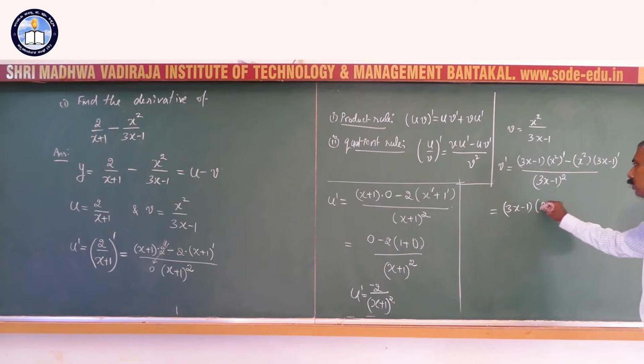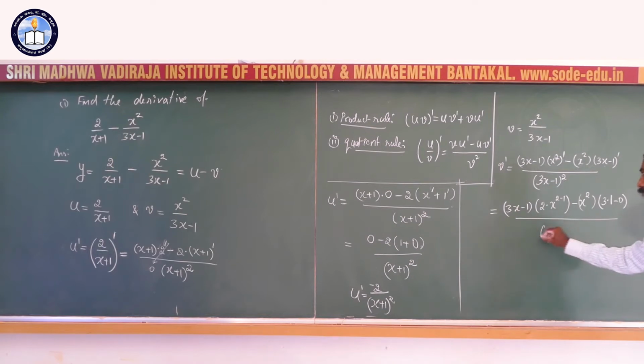X square dash is 2 into x to the power 2 minus 1, n into x to the power n minus 1, minus x square into 3x minus 1 whole dash. 3 is a constant, so 3 into derivative of x, so that is 1 minus 0, whole divided by 3x minus 1 whole square.